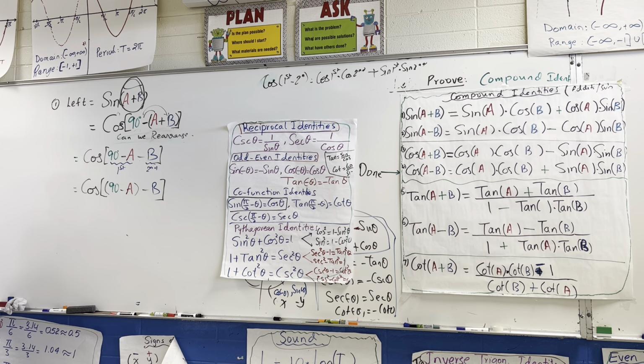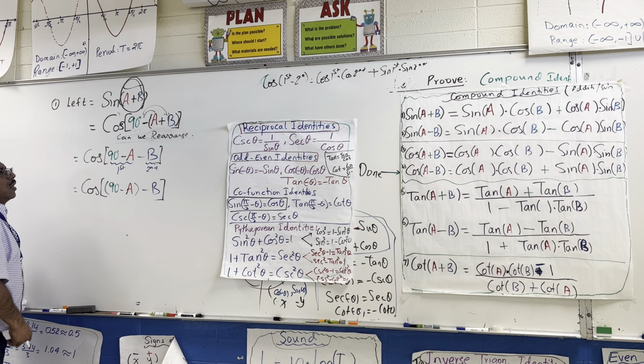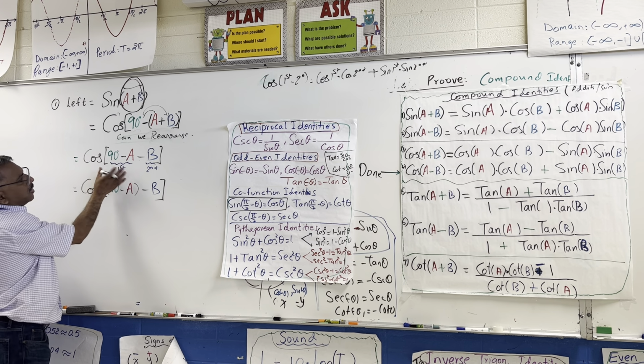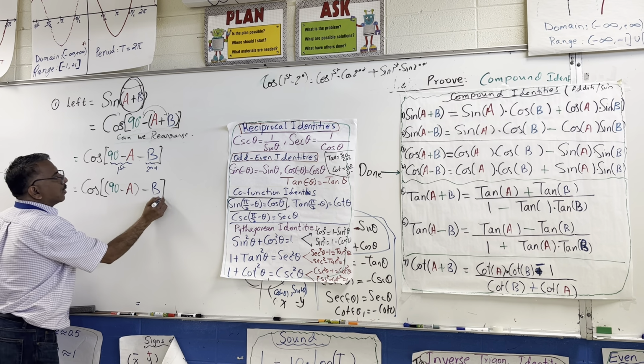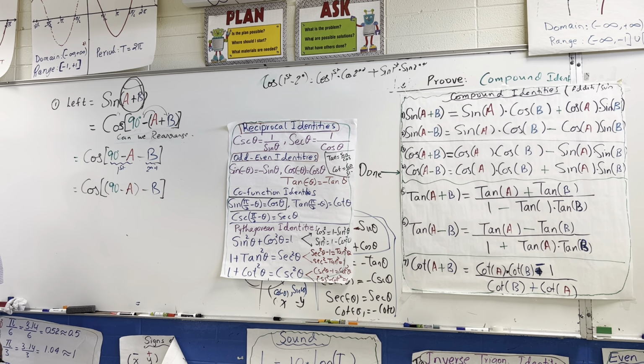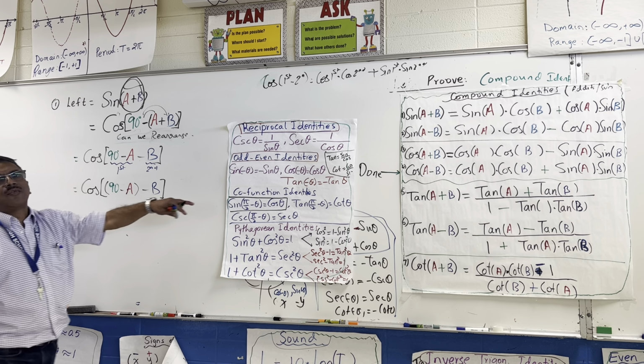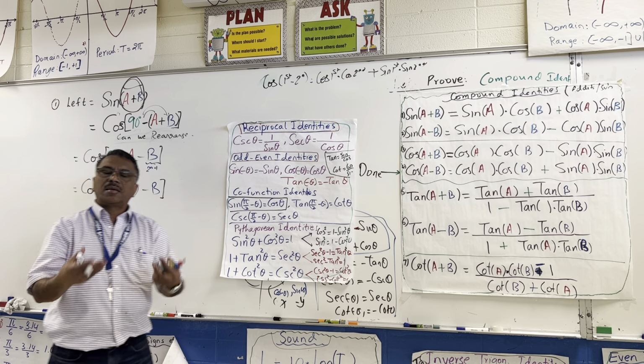Okay, let's see. So a little rearrangement is done here. You first open the parenthesis and then you put it together, and your question will be, why the heck did we do this? There's a reason, because 90 minus A, we know the formula right here. We can always make it easier.